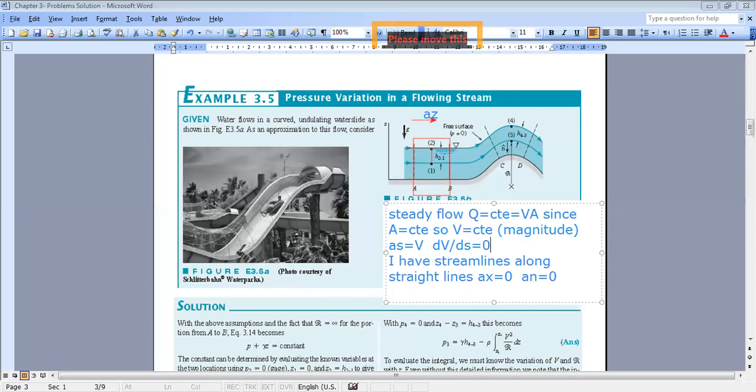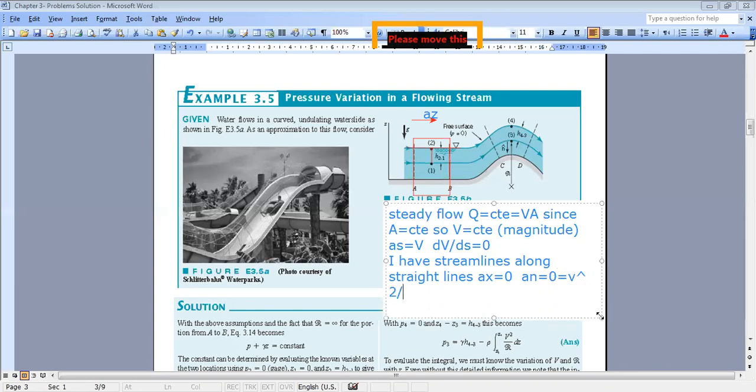But keep in mind that I should look at two components for acceleration: streamwise acceleration and normal acceleration. Since here I have straight lines, the normal acceleration will be 0. Why? Because the radius of curvature is infinity. You know how you calculate A normal: at a certain position, A normal is V square over the radius of curvature.